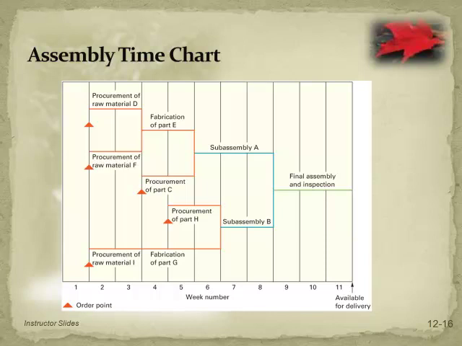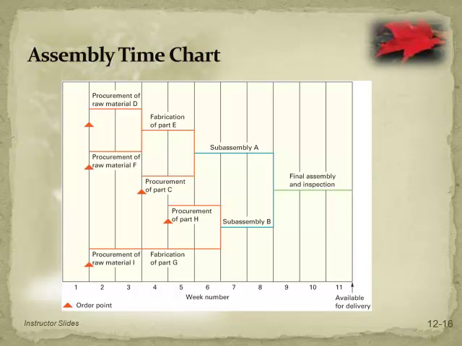If you take a look at the horizontal axis at the bottom of this slide, you'll notice that a little past week 11, this is when a particular item is needed for delivery.